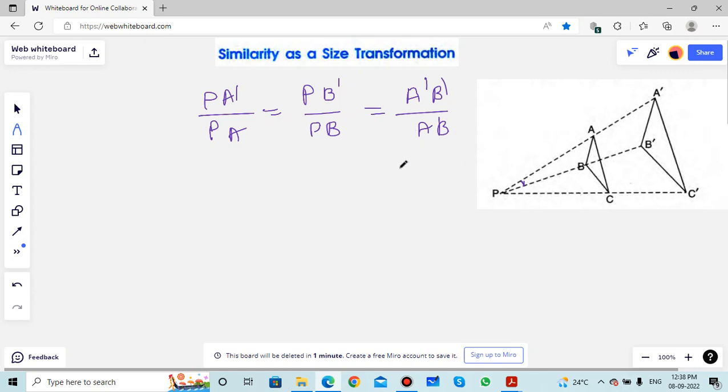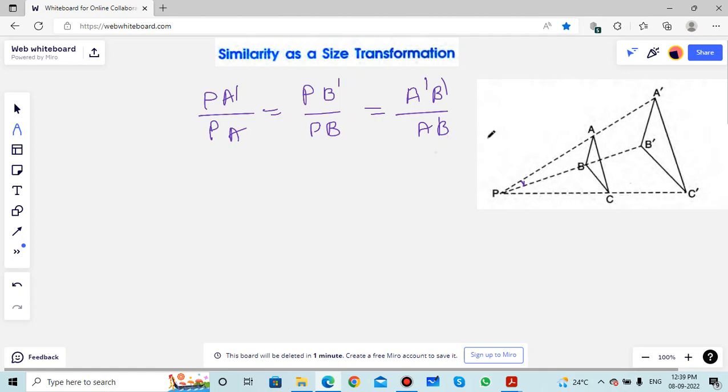Fine. Basically I wanted to say that PA dash upon PA, PB dash upon PB should be equal to A dash B dash upon AB, because these two triangles are similar by AA. We can also say SAS. They are similar, so we can use this.